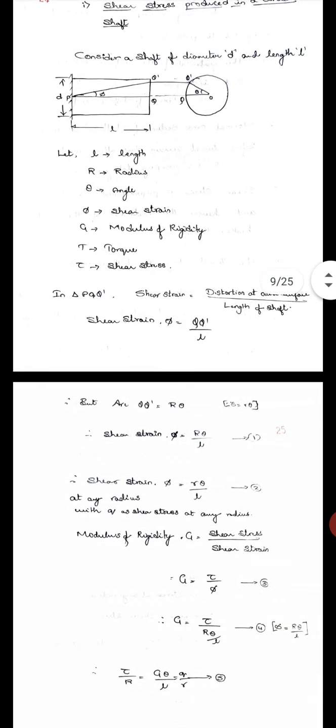G is tau by r theta by L, that is equation number 4, since phi is r theta by L. Rearranging, we have tau by r equals G theta by L equals small q by r. This is equation number 5.